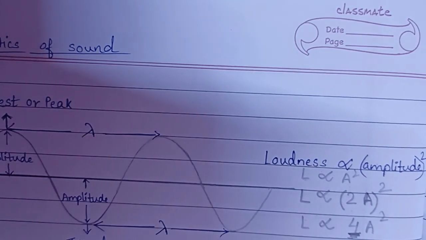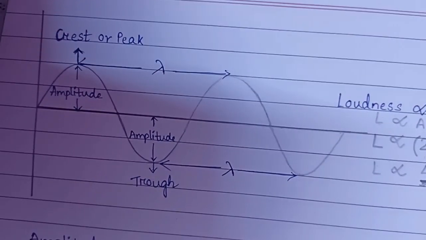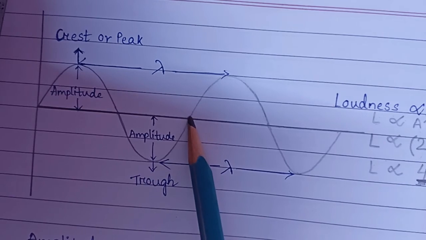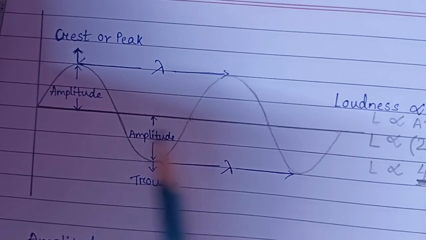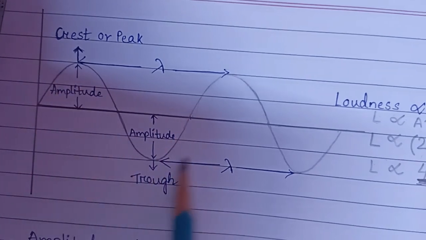Next term is frequency. So what is frequency? Frequency refers to the number of waves. Suppose I am taking this point. If I give you 1 second, you have to count how many waves are passing through this point in 1 second.